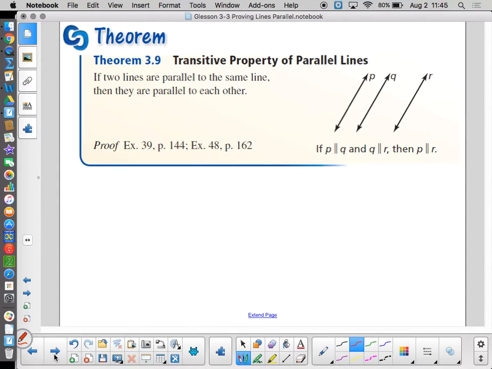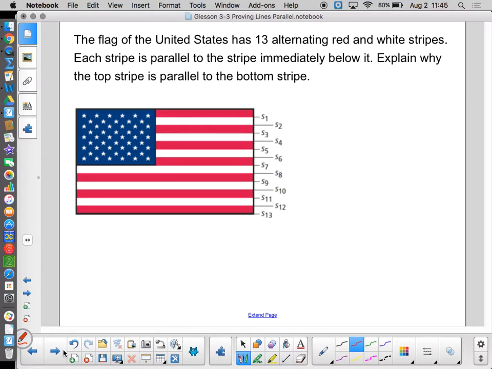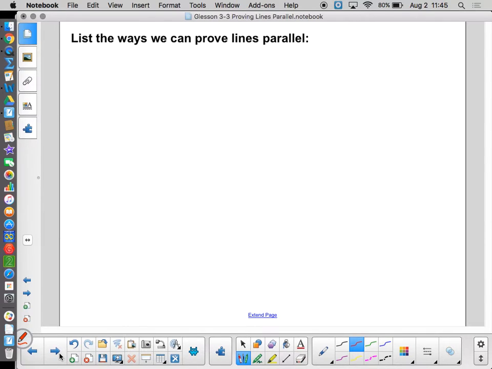Again, a fairly obvious conclusion. Explain why the top stripe is parallel to the bottom stripe. If each stripe is parallel to the one below it, that's simply using the transitive property or that last theorem. Obviously, all the lines are parallel, so they're all parallel to each other. Kind of a simple example.